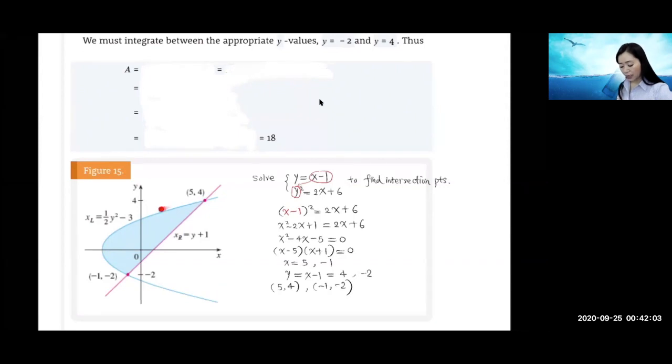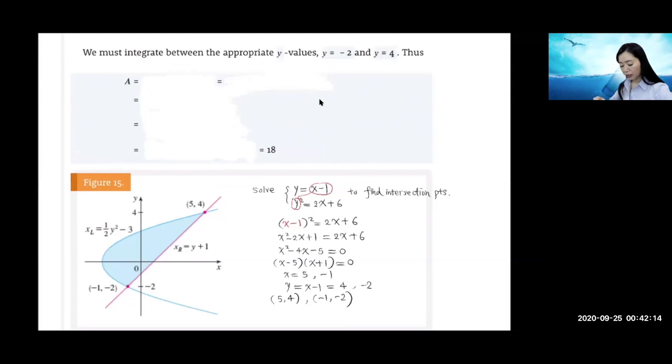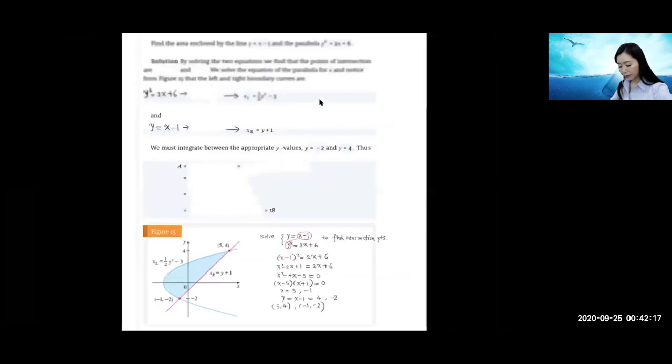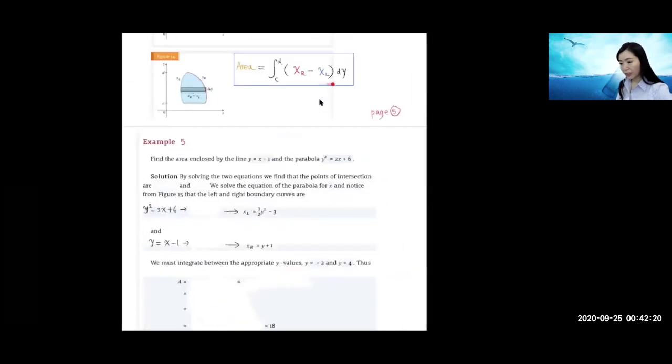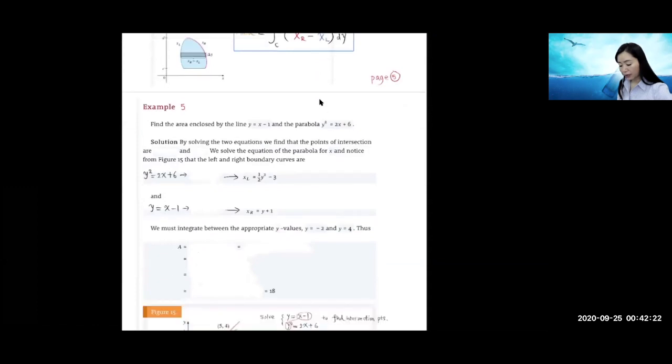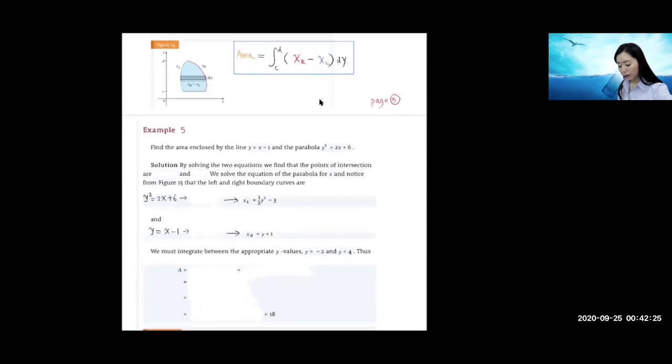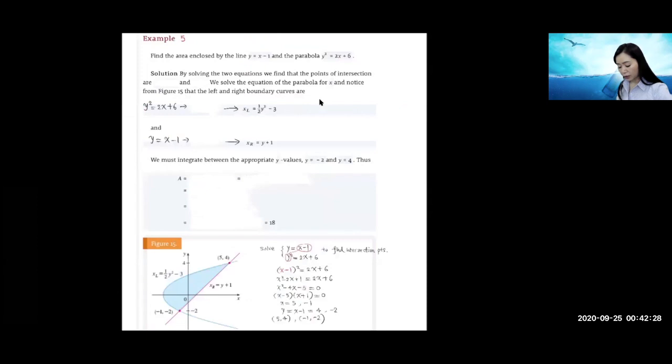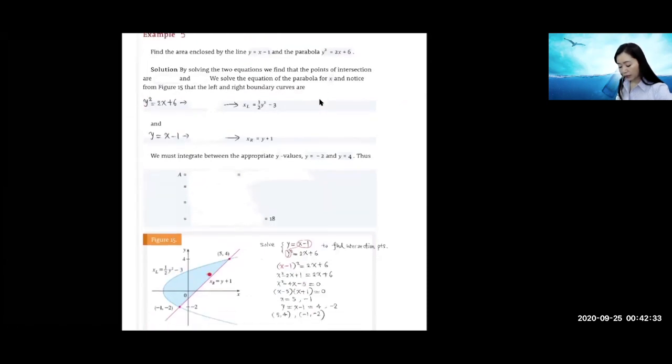So we know that this is on the left side of this line right here. We're trying to find the region here. So to find the region, we're going to use this formula over here. We need to find the x coordinate on the right side. So for each typical approximating rectangle, what will be the x coordinate on the right?